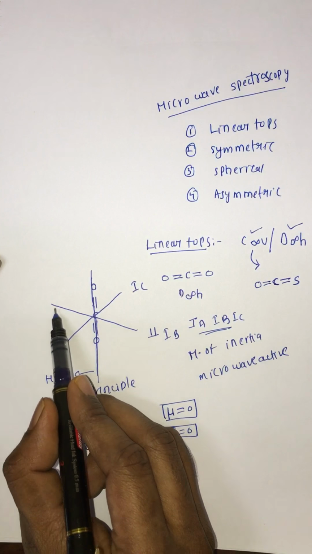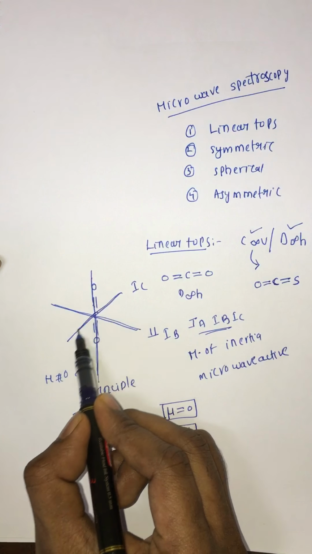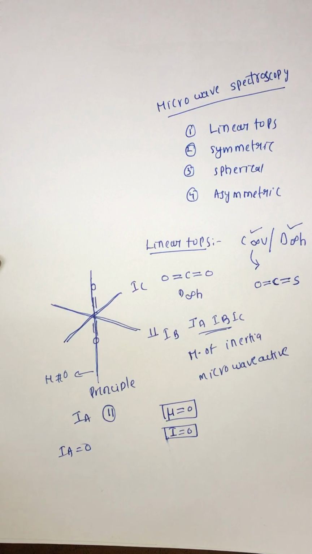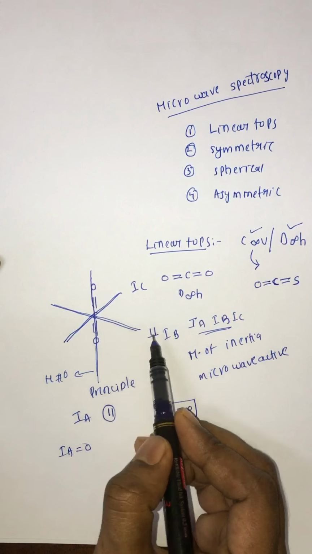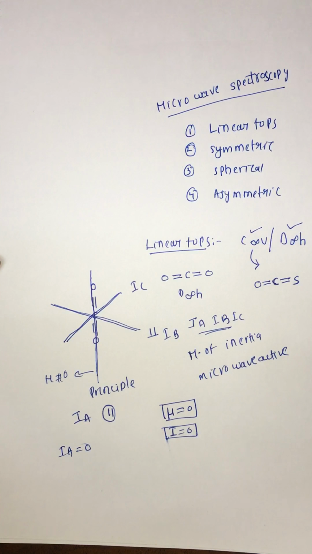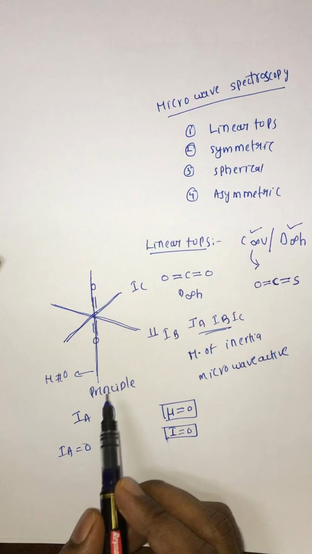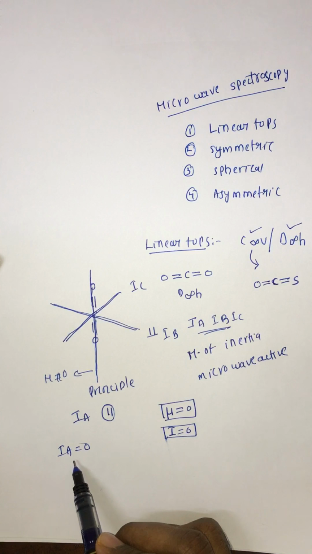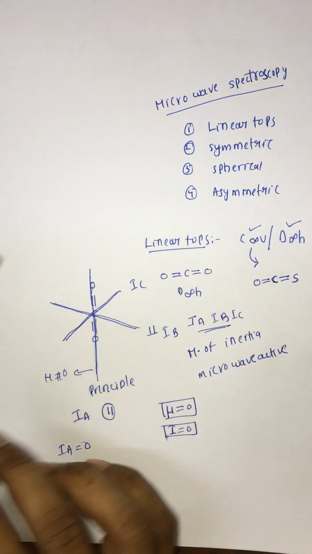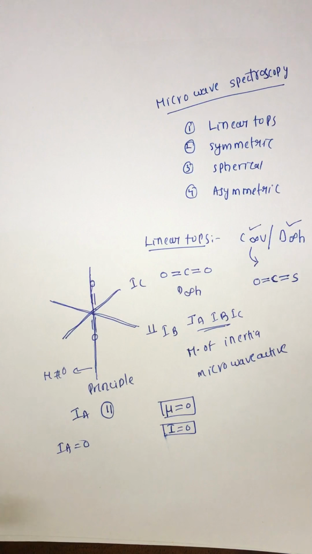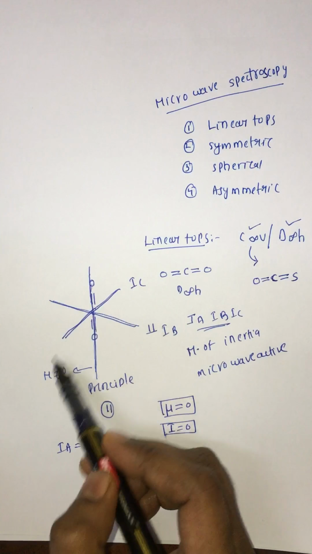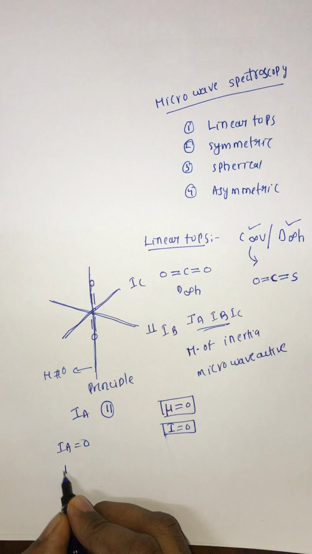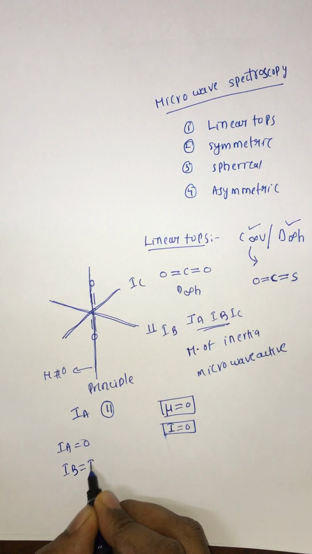Along the other two axes the moment of inertia will not be 0, and both axes have equal contribution from the atoms. So IB is equal to IC.